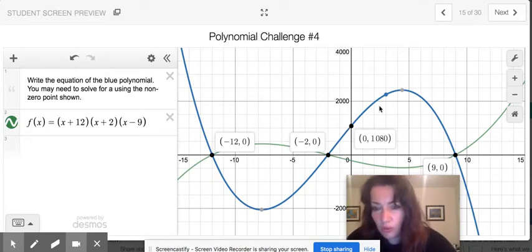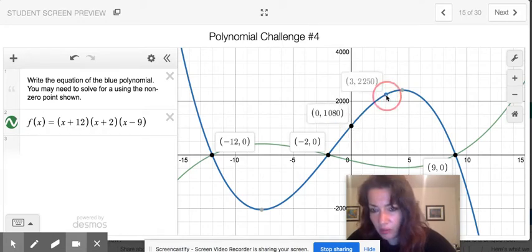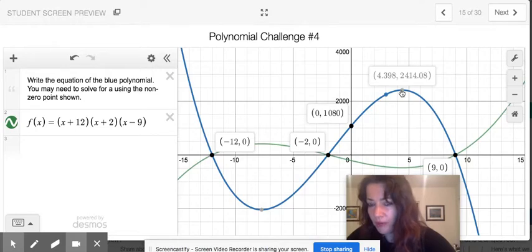I could choose one of these points here, but where it says (3, 2250), that will work too. Or even the point here, (4.398, 2414.08). Now, I don't know about you, but I don't want to be plugging in these values into my equation, even though we certainly can.